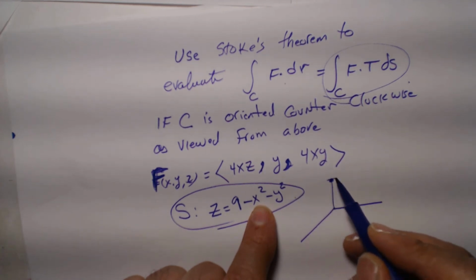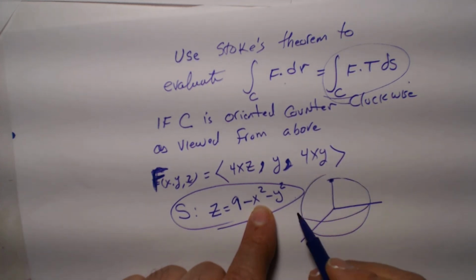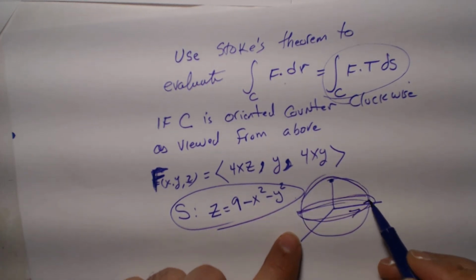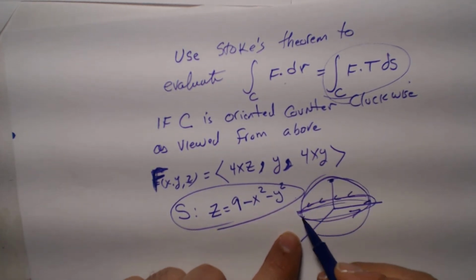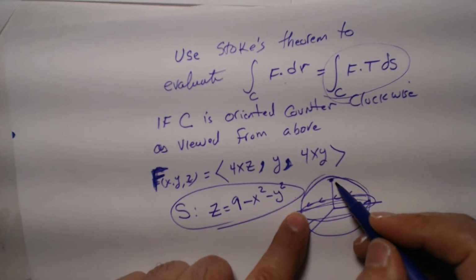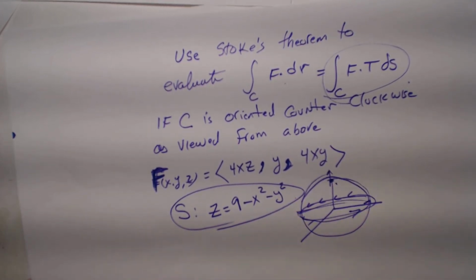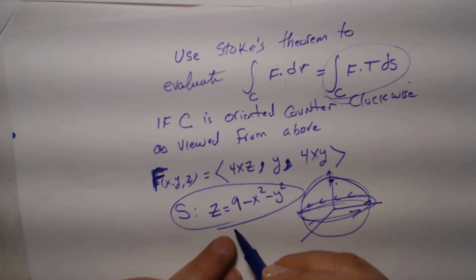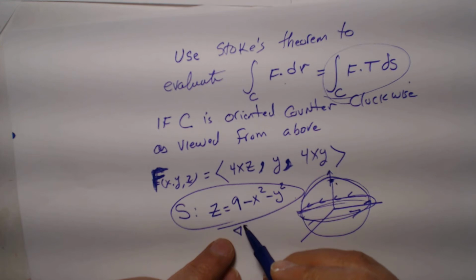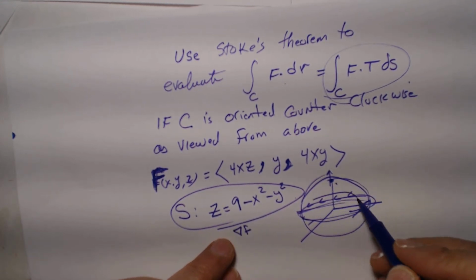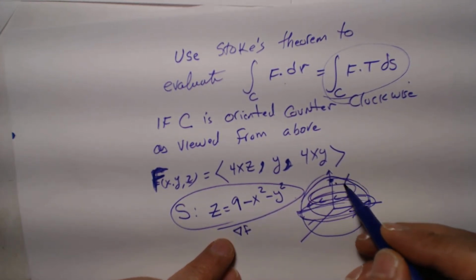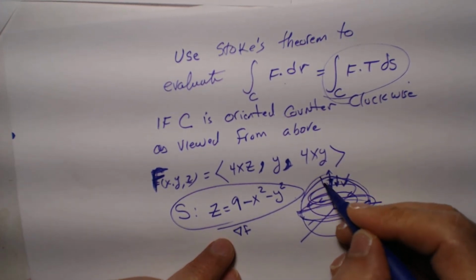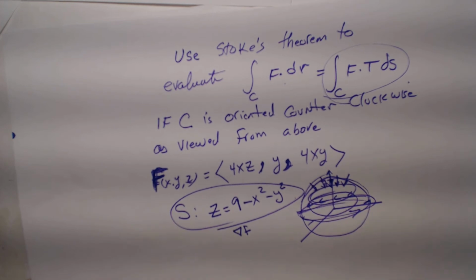Therefore, you do have a semi-sphere right here, and that is an oriented surface, and it does have a normal vector. And somebody says, what is your normal vector? Your normal vector is the gradient of the function, because whatever your level curve is, your gradient at any given point is going to be normal to the level curve.